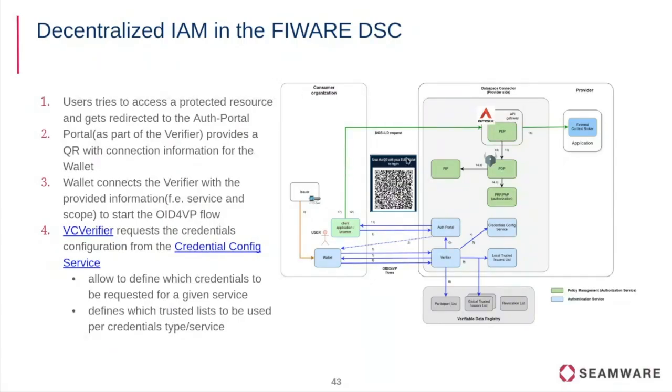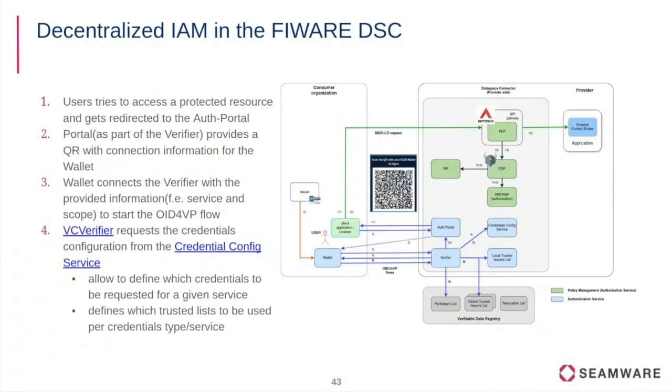With that information, the wallet now can connect to the verifier itself. It will send some starting information, which includes the service it wants to request and also the scope it wants to use for that. We all know those properties very well from OAuth2 and OpenID Connect. So this uses the exact same mechanisms. And with that information, the verifier requests the credentials configuration from its credentials config service. So this is more on a theoretical level. The verifier has this credentials config service as part of itself.